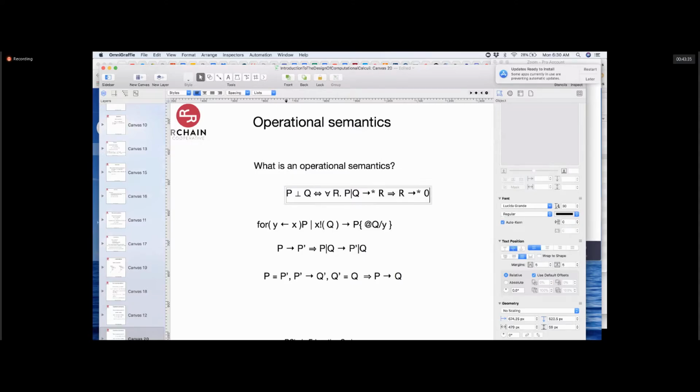So I'm going to assert, and then I'm going to ask you to check your own intuitions about this, that that means that all paths lead to 0. Do you agree with that assertion? All reduction paths lead to 0.